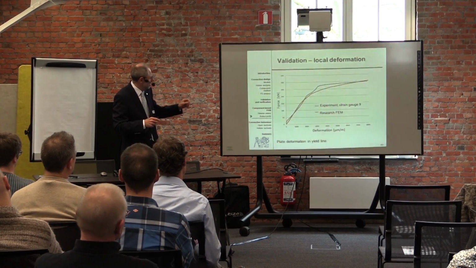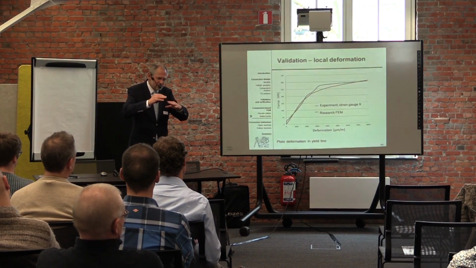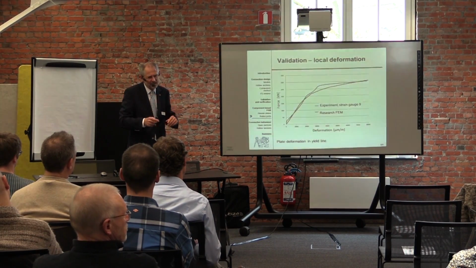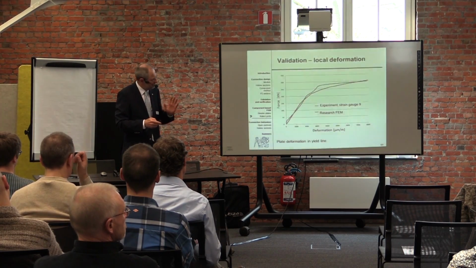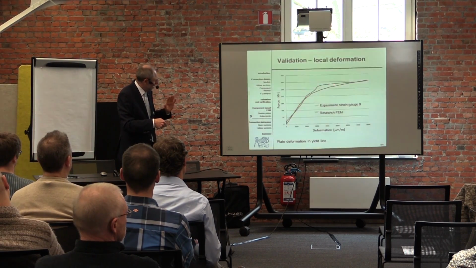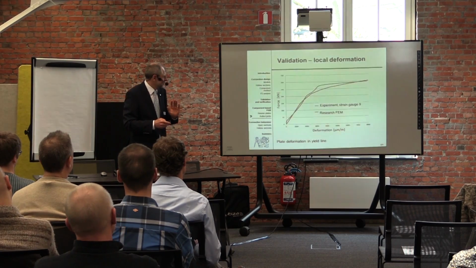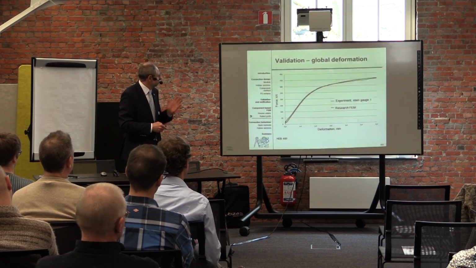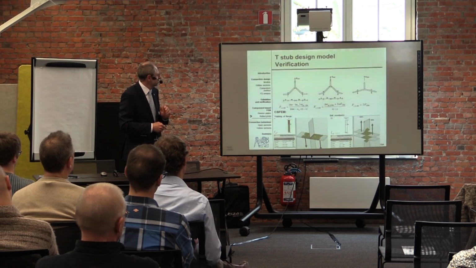Locally, it plastifies, you know, if in some place the plastification starts, maybe it does not start in another place, so it's very difficult. It is in the plastic line, the strain gauge, and to model the strain gauge has some accuracy, but it has some limits. So otherwise the global deformation is okay.